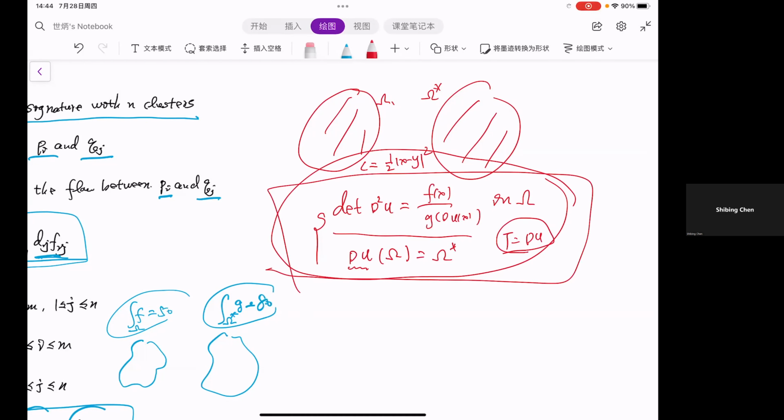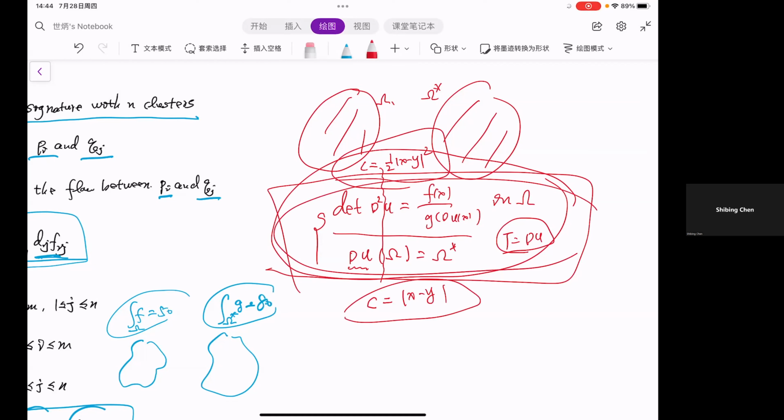But if the cost function c equals |x minus y|, you don't have this kind of equation. You don't have PDE. It becomes a pure analysis problem. So maybe you can use something to approximate it, but it seems it's not quite useful to study the regularity.